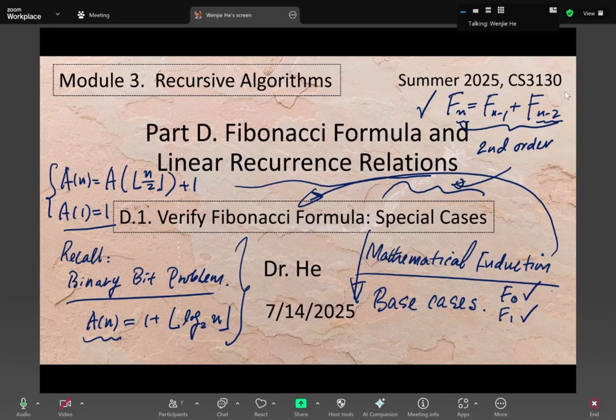Then after base case verification, you need to make the induction assumption. Then the last step is the main step, where we verify the critical step.